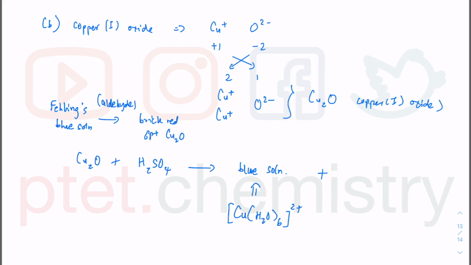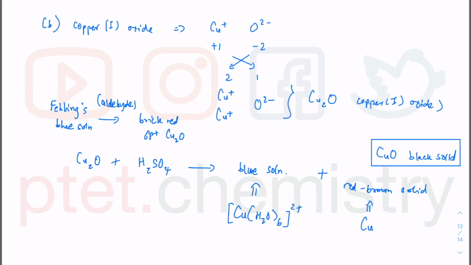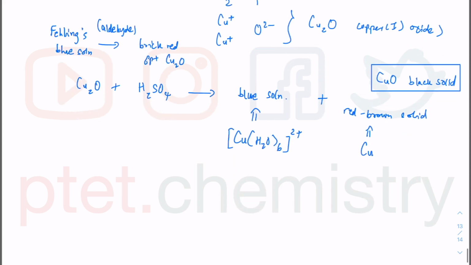So CuO is a black solid. Meaning to say this brown precipitate, this red-brown solid, is not likely to be copper oxide. I think it's going to be copper metal. But copper metal is usually described as a pink or salmon kind of color solid.